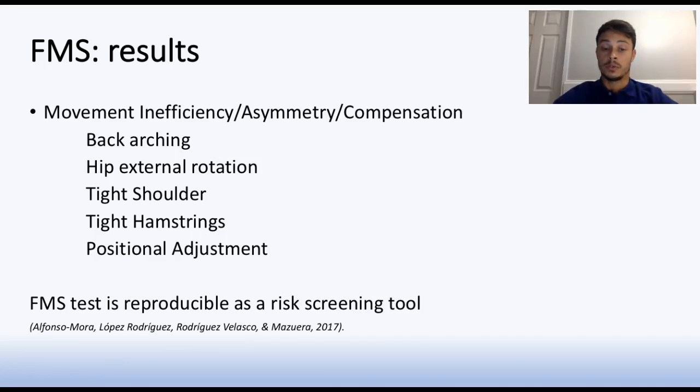They found that the individuals who scored 14 and above were less likely to get injured compared to the individuals who scored less than 14. Those individuals had a higher rate of injury during the season.